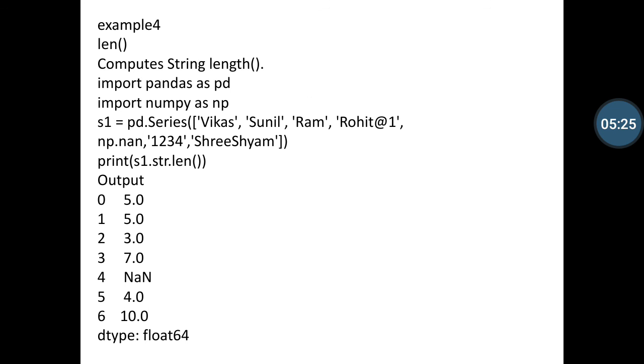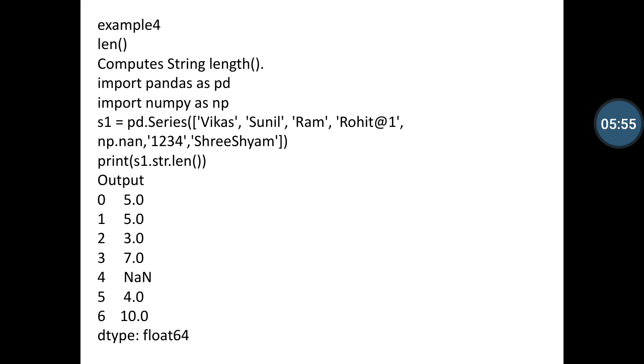And then we define the len method, because basically it calculates the length of the values put in our string. So we can write a statement print s1.str.len, and after executing it, it calculates the number of characters in a string.